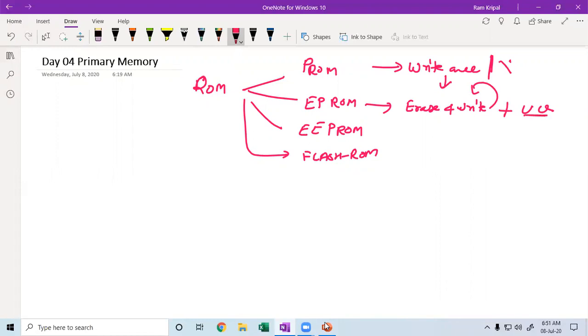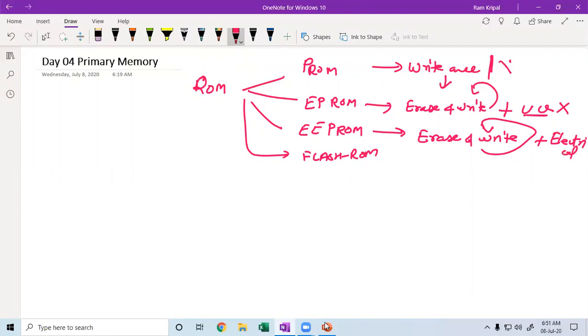This is the problem. The solution comes here: erase and write again and again, but no more UV rays are required. You just need an electrical signal.